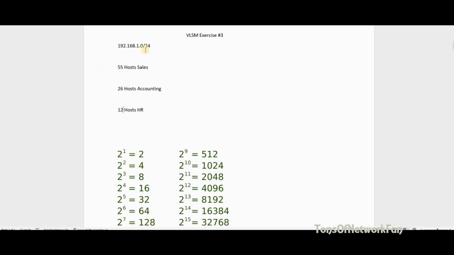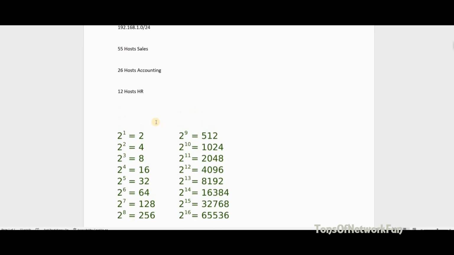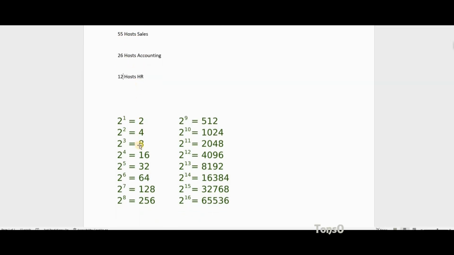So to work it, we can go here, 55 hosts, right? So we need to use this 2 power table. On this 2 power table, 55 exact is not possible. So if we go with 2 to the 5th, 32 is not enough. We need 55.